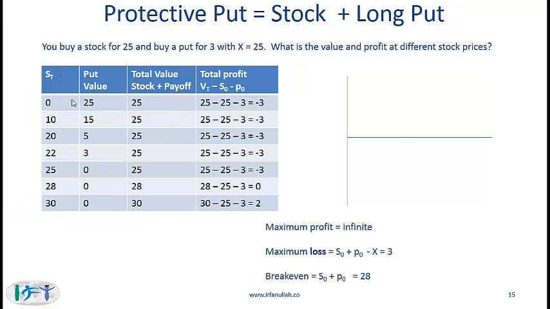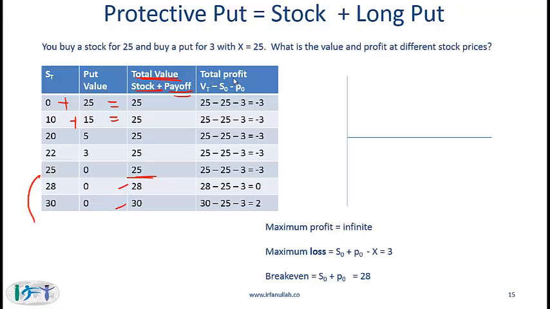So we have the different stock prices, the put values, some of which I showed you, and then you have your total value or the total payoff, which is the value of the stock plus the payoff from the long put. Notice that at low stock prices, the total value is 25. So there is a floor value. And then at higher numbers, we have 28 and 30.